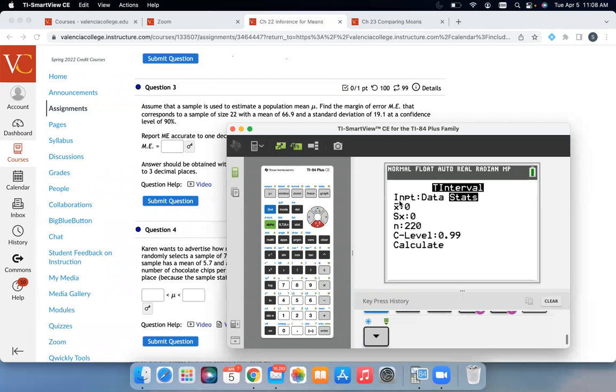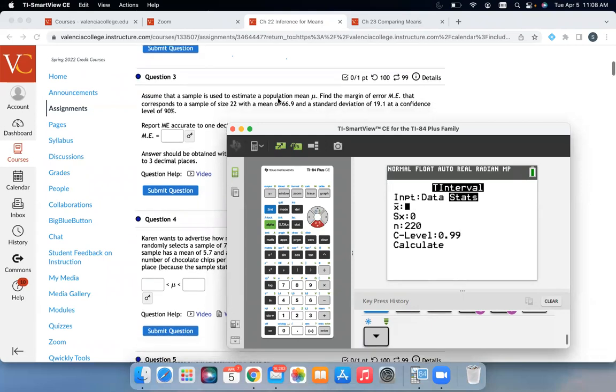That is the sample mean, X bar. That's 22 right there. The sample standard deviation, SX, 19.1. N is the sample size. Oh, I lied to you.